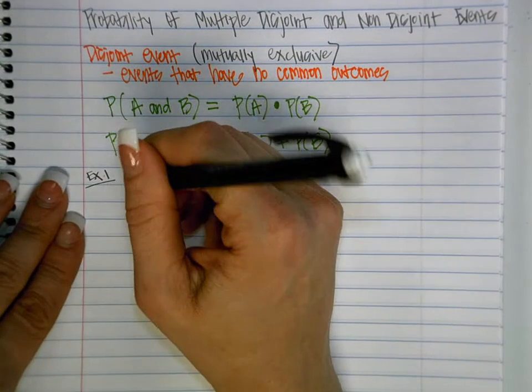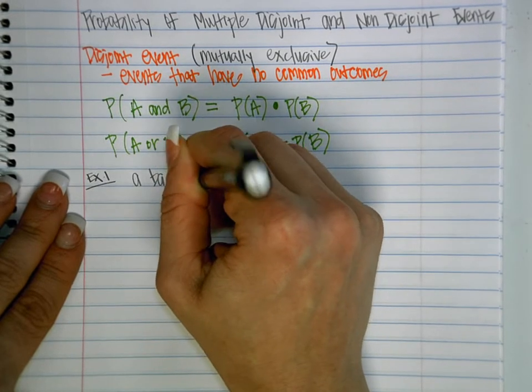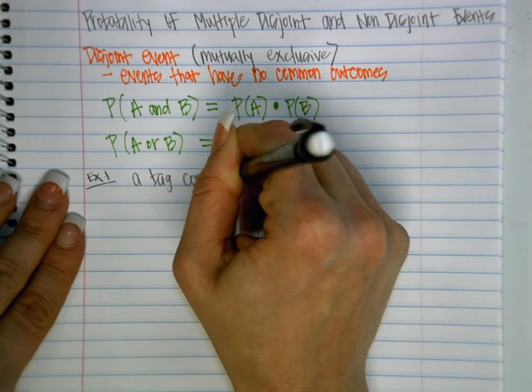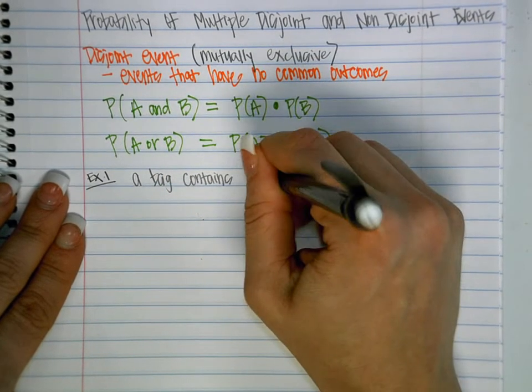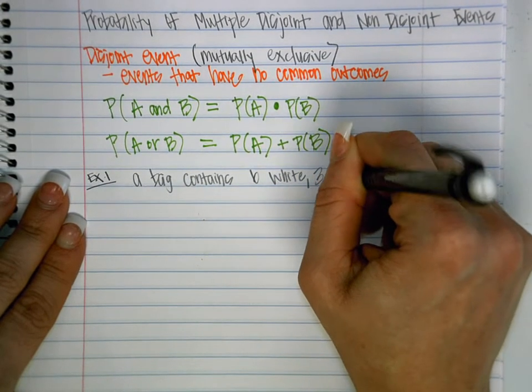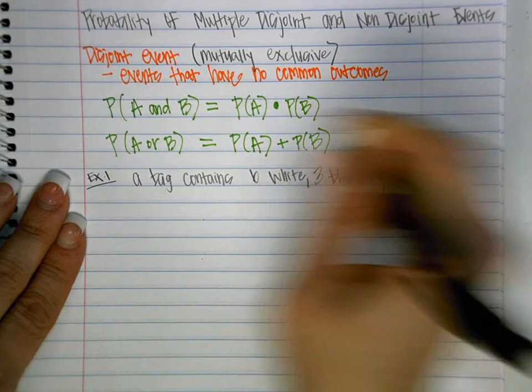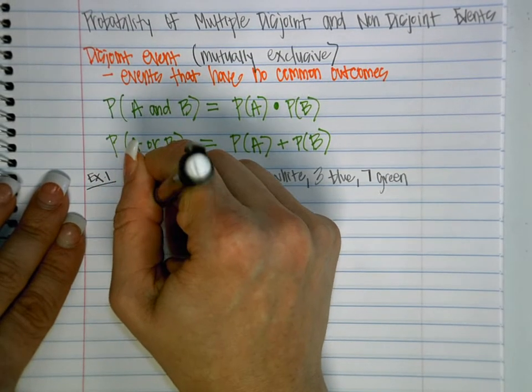For number 1, a bag contains 6 white, 3 blue, and 7 green marbles. Back to the bag of marbles.